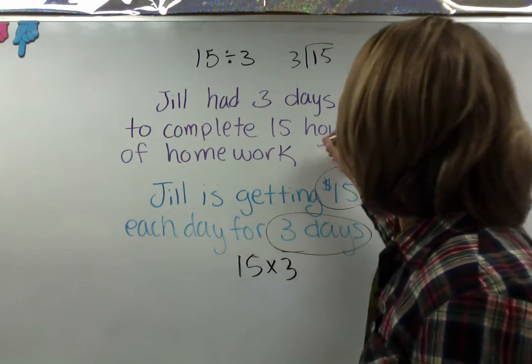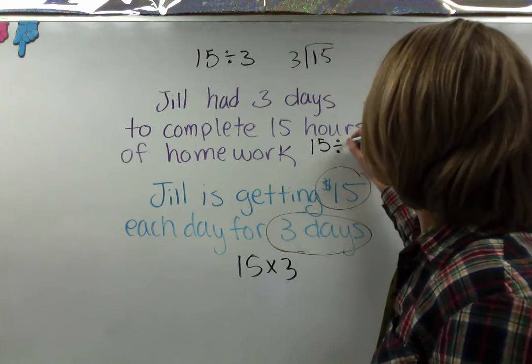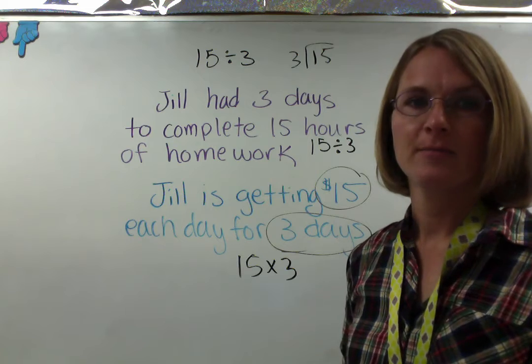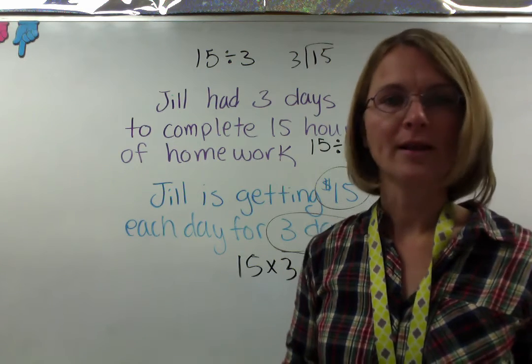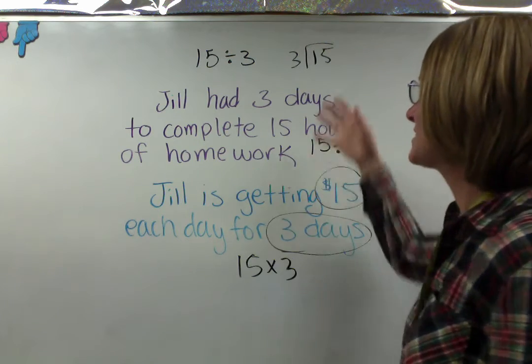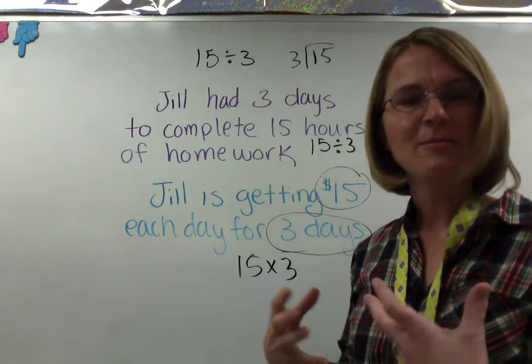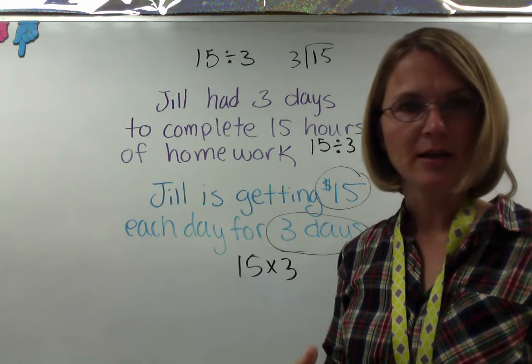I logically would take the 15 hours of homework and I would split it up evenly over 3 days instead of trying to do it all in one day or waiting till the last possible minute to do my homework, okay? So that's kind of the difference between the wording and really having to pay careful attention to that wording.